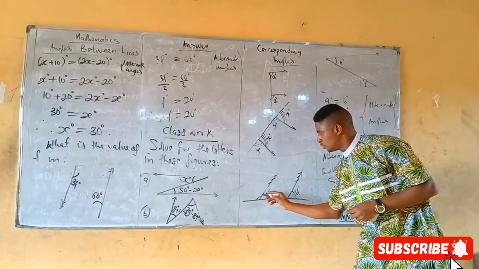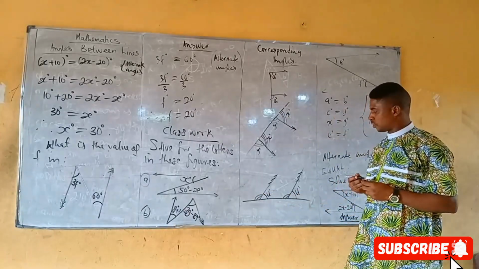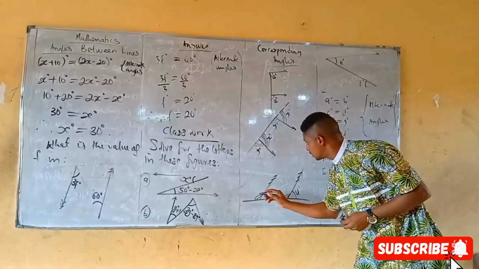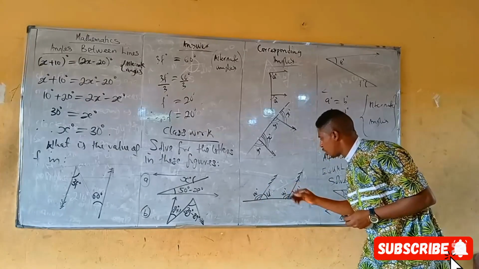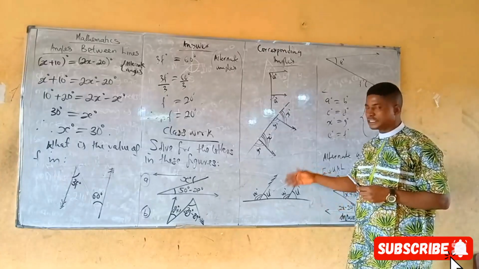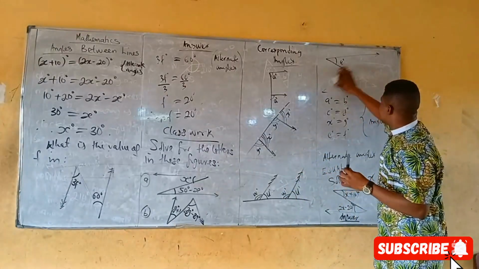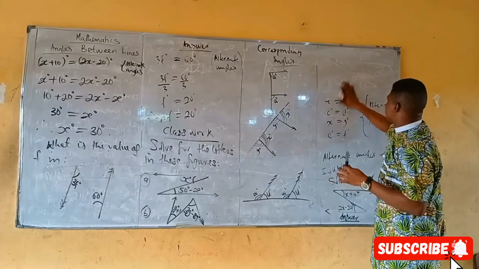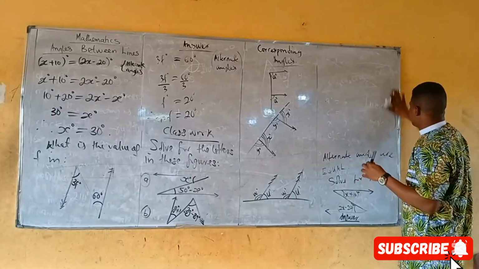Then this angle is corresponding to this angle and is therefore equal to it. So if this is double u degrees, this will also be double u degrees. Why? They are corresponding angles. So corresponding angles are equal. In mathematics, they are found in letter F.